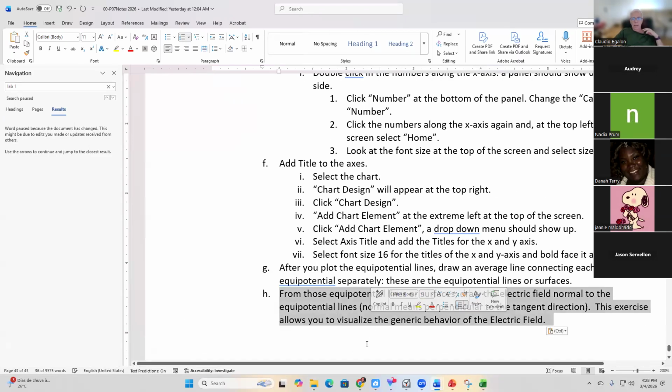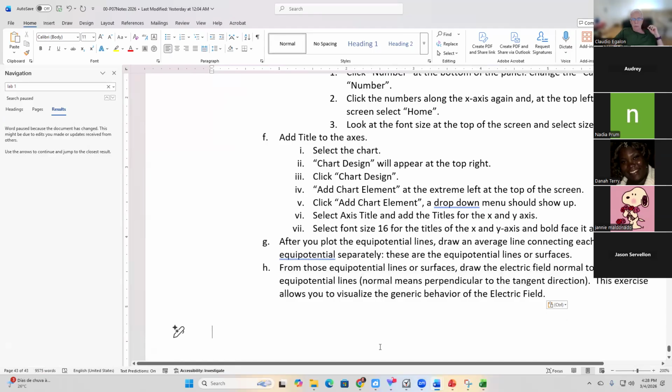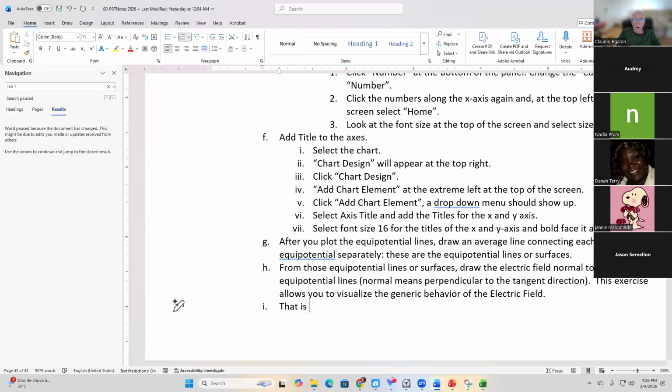We finished plotting the equipotentials, which was our first graph. From those equipotential lines, draw the electric field normal to these equipotential lines, okay? That's our first graph for this lab.